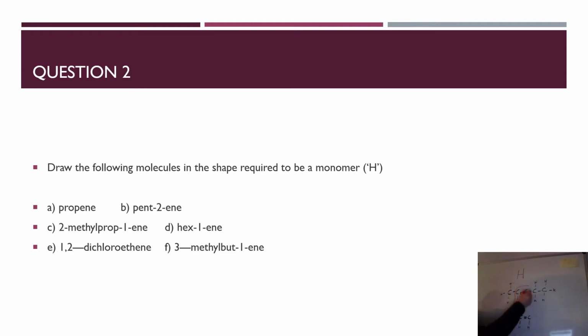So all I now need to do is bend that bit up, and instead of drawing it out like that, I'm going to draw its shortened structural formula, CH3. And if this bit here is C2H5, I'm going to bend that up and write C2H5. So we've got that there for you.